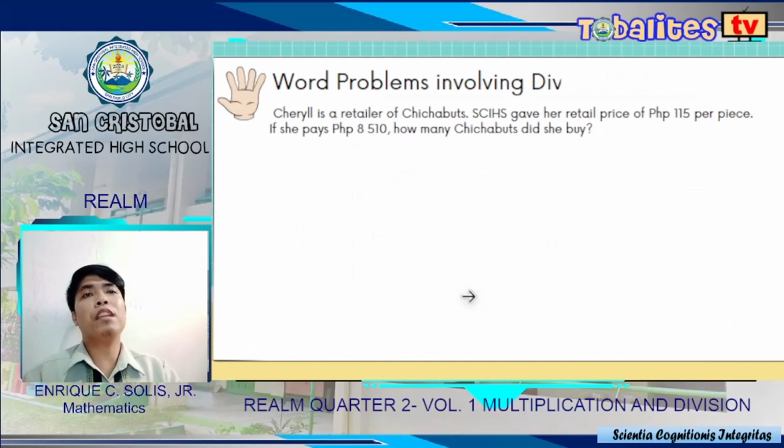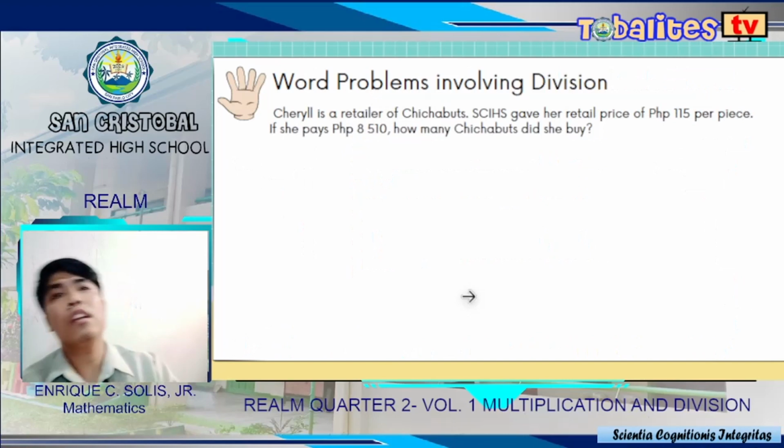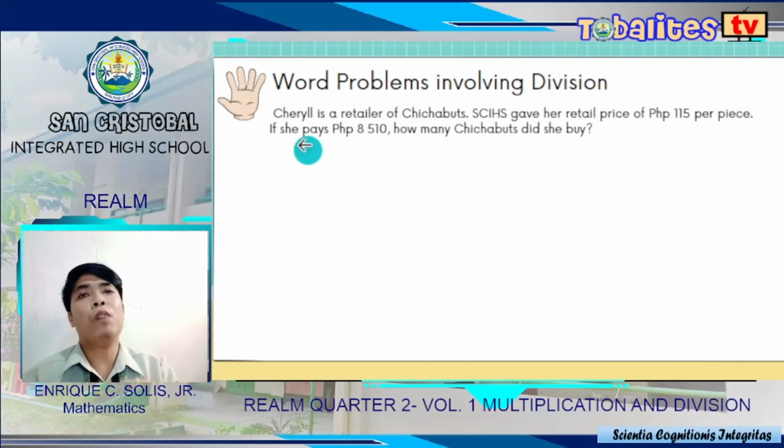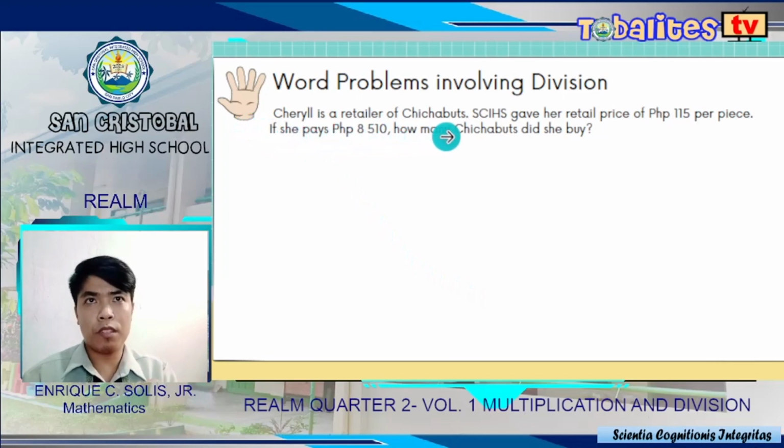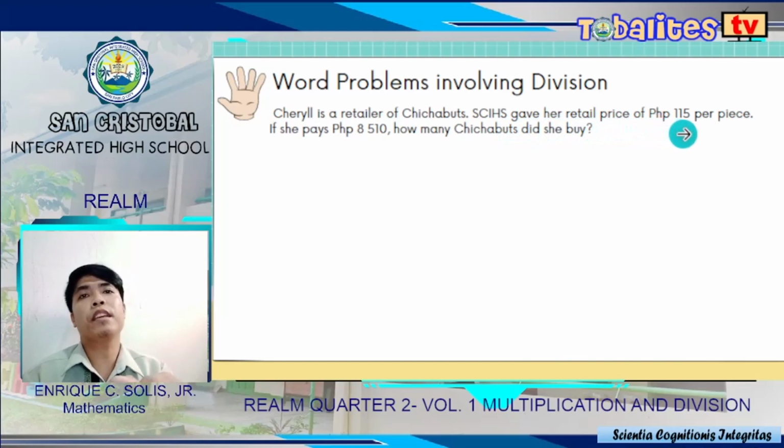Now let us proceed with word problems involving division. Our problem is: Cheryl is a retailer of chicha boots. SEIHS gave her a retail price of 115 pesos per piece. If she pays 8,510 pesos, how many chicha boots did she buy?